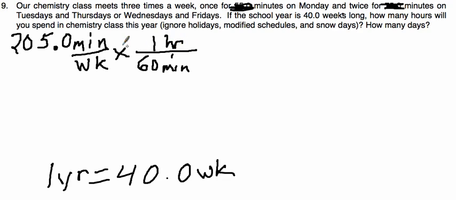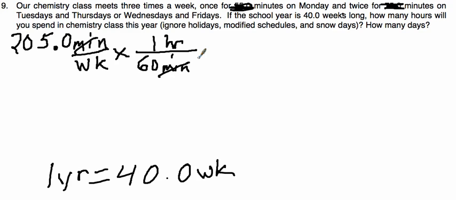That's a bad looking H, but it's an H nonetheless. Minutes cancel out. If we calculated this right now, we'd be in units of hours per week. That could have some use, but it's not exactly what we're looking for. We're looking for hours per year.